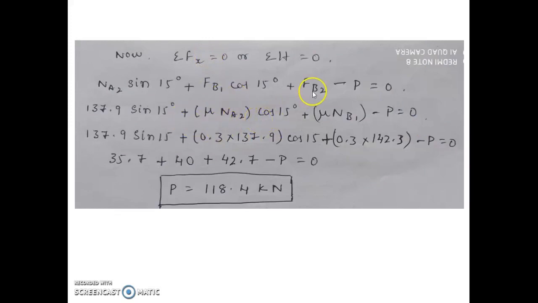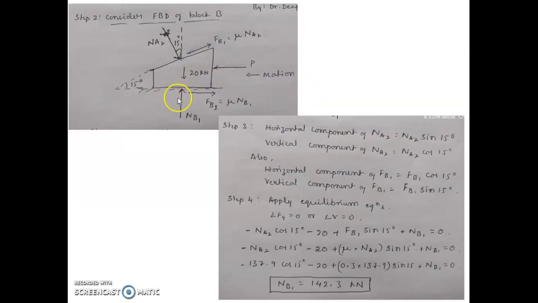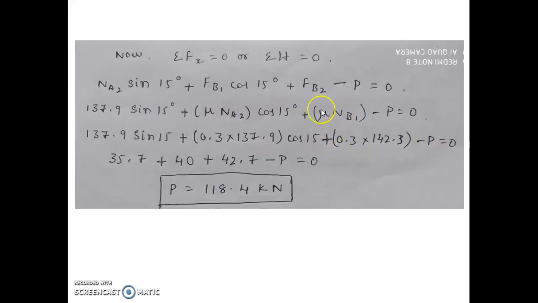Then FB2, this is the friction at contact surface 2 of 2, where the wedge is in contact with the horizontal surface. This friction is mu times normal reaction. This is the normal reaction, NB1. I substitute mu into NB1 minus P is equal to 0.